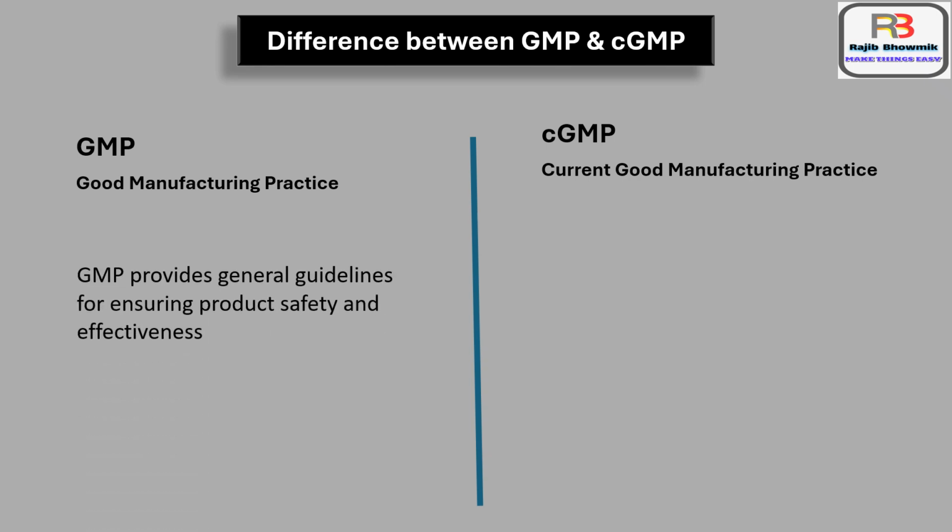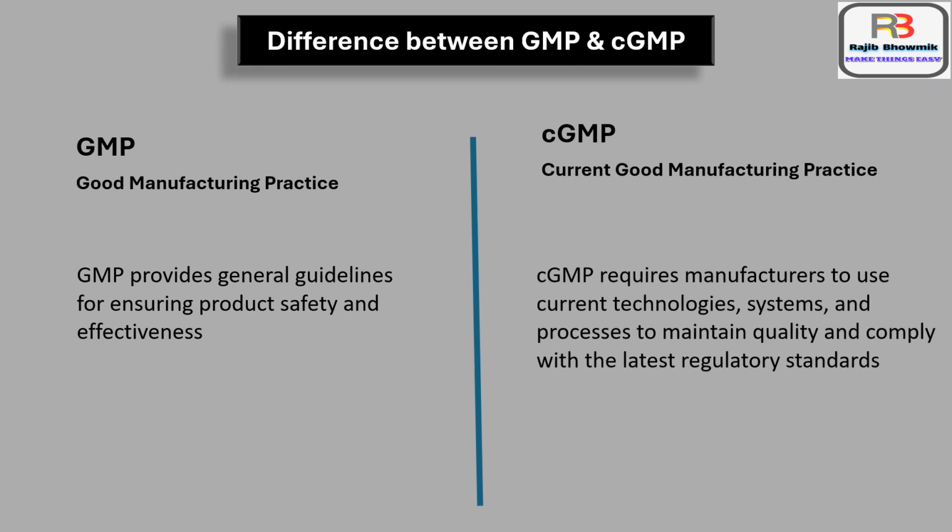GMP provides general guidelines for ensuring product safety and effectiveness, whereas CGMP requires manufacturers to use current technologies, systems, and processes to maintain quality and comply with the latest regulatory standards. The C in CGMP signifies this continuous update and commitment to modern practices.